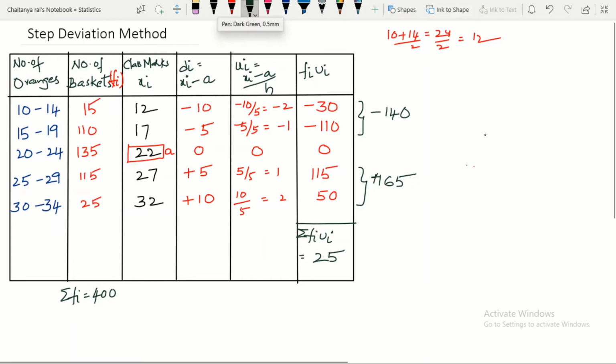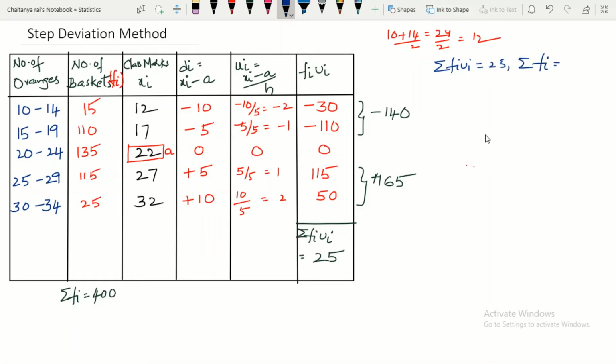So first we will write the values that we have. Sigma fi ui is 25, sigma fi is 400, h here is nothing but the size or length of the class, here it is 5, and the assumed value a.